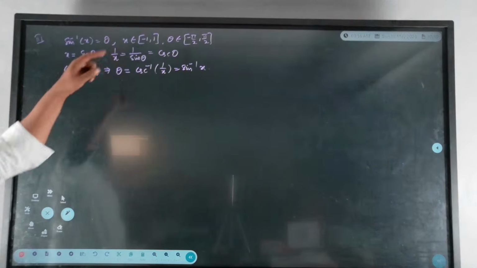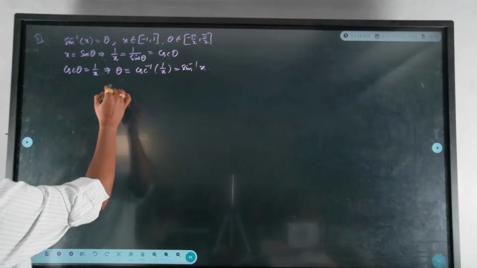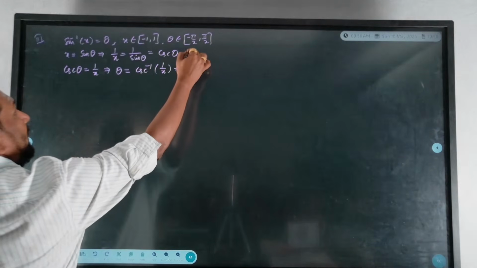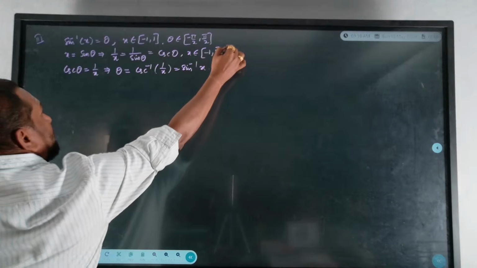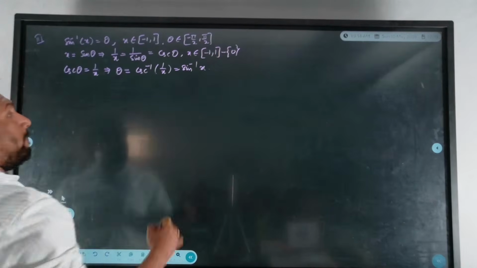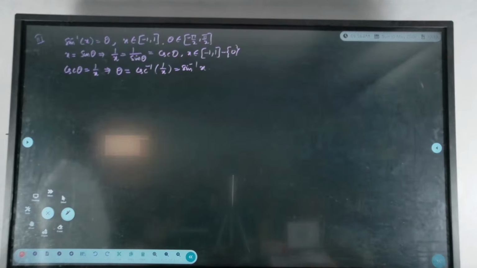But what is the conclusion here? x belongs to minus 1 to 1 except 0.